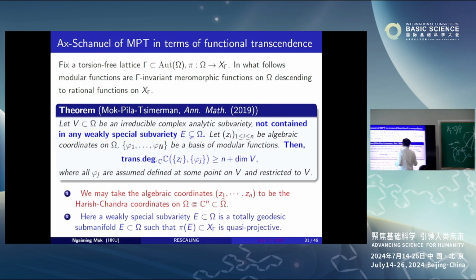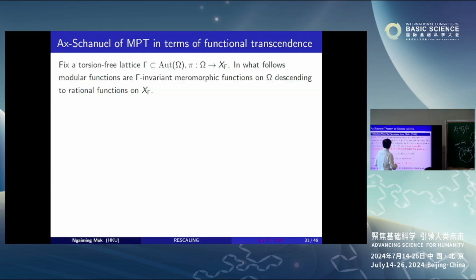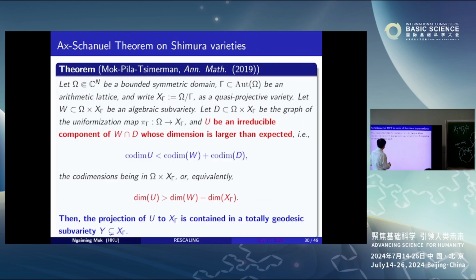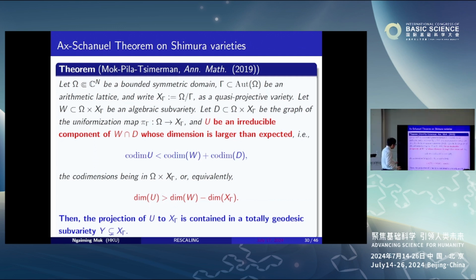Actually I learned about the formulation first from this version in a talk at IHES that somebody gave. So this is in terms of unlikely intersection. So it makes clear that one should be making use of algebraic geometry.